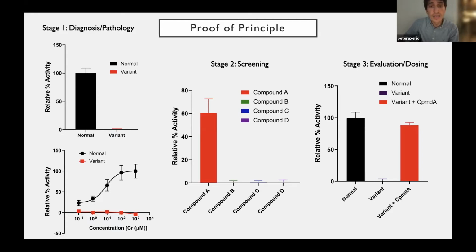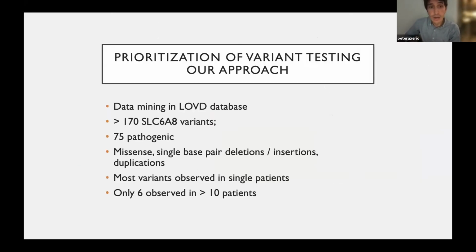Then we screen these drugs and identify drugs that can promote the activity of the receptor itself. We found one compound A that, at a certain concentration, almost rescued it completely back to normal. But this was a high amount of drug, so we're trying to find analogs of this drug that can be more potent.